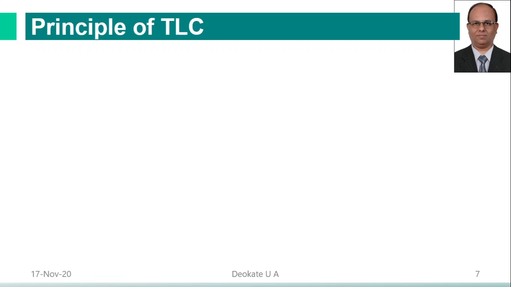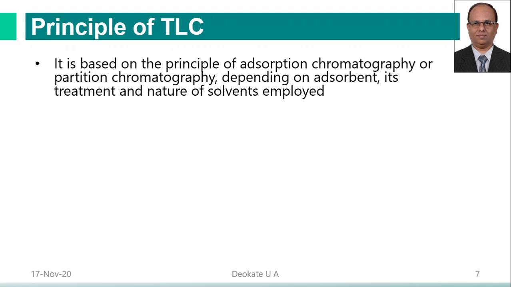If you see the principle of thin layer chromatography, the principle is based on adsorption chromatography or partition chromatography. Paper chromatography is only partition chromatography, whereas thin layer chromatography can be used as partition as well as adsorption chromatography, depending upon the adsorbent, its treatments, and the nature of solvent employed.